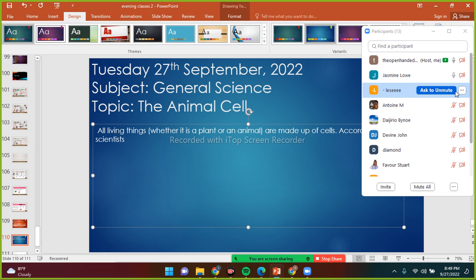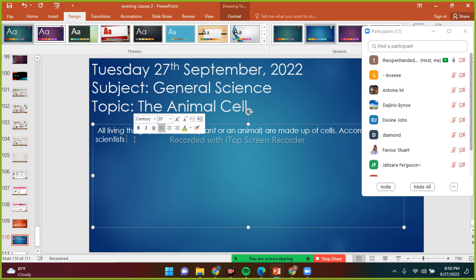Some things overlap, but health science never talks about photosynthesis. Health science is definitely easier.